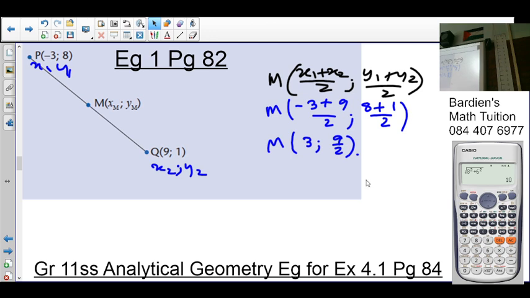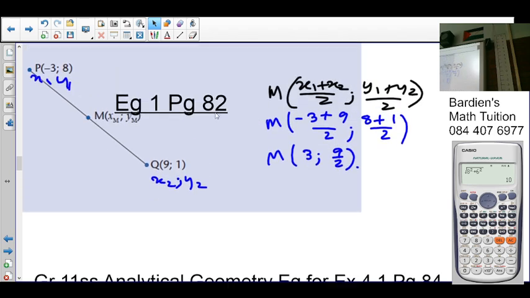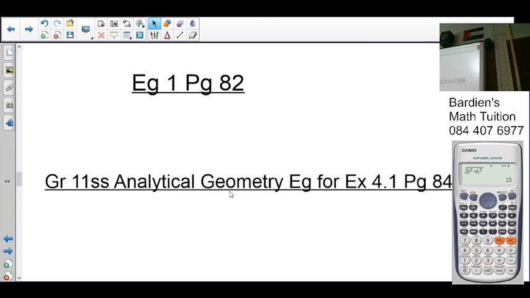You guys with us? Another way of representing 9 over 2 is 4.5, the same. Right. Let's look at the next one.